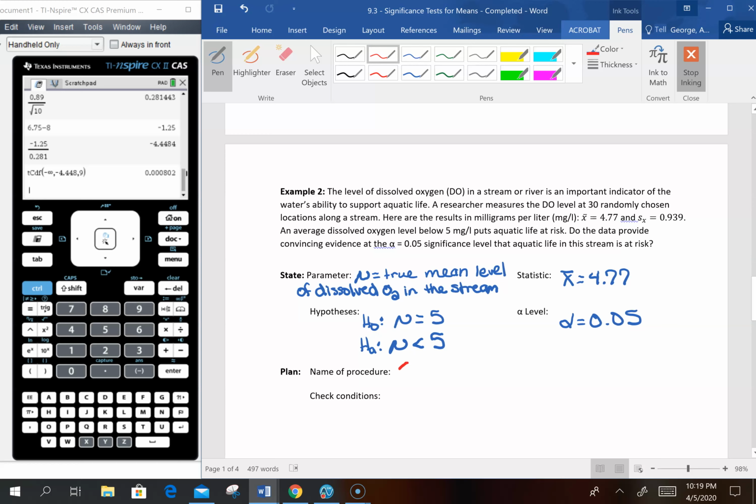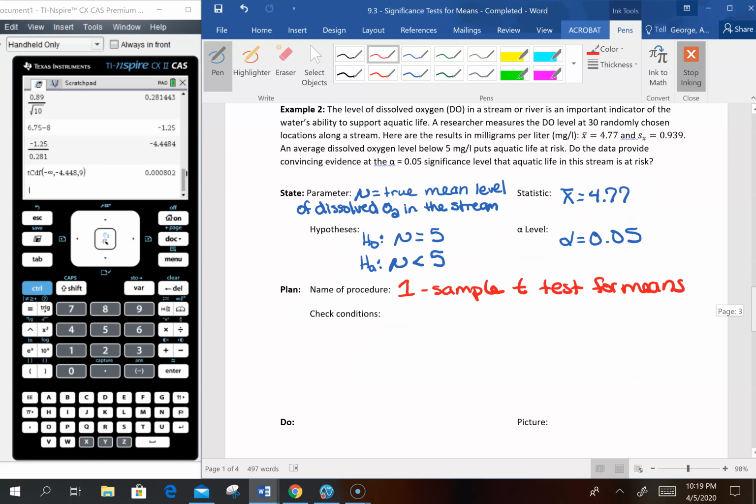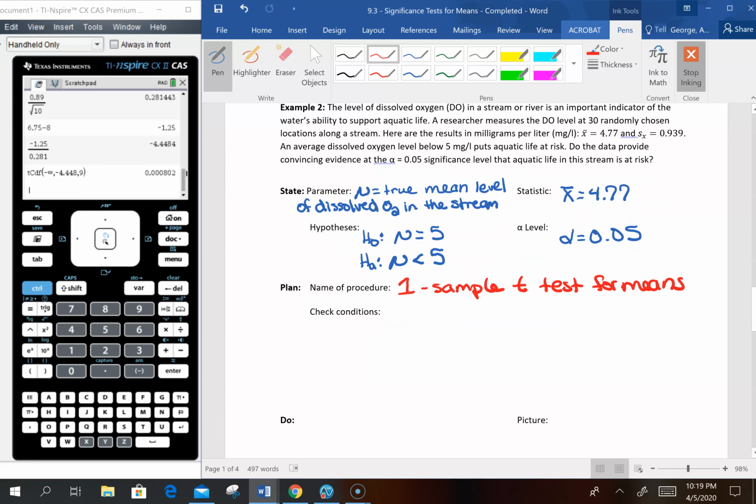All right, for our plan, this is a one sample t-test for means. All right, for the conditions, it's still normal, 10%, and random. So for random, they tell us it's randomly chosen.